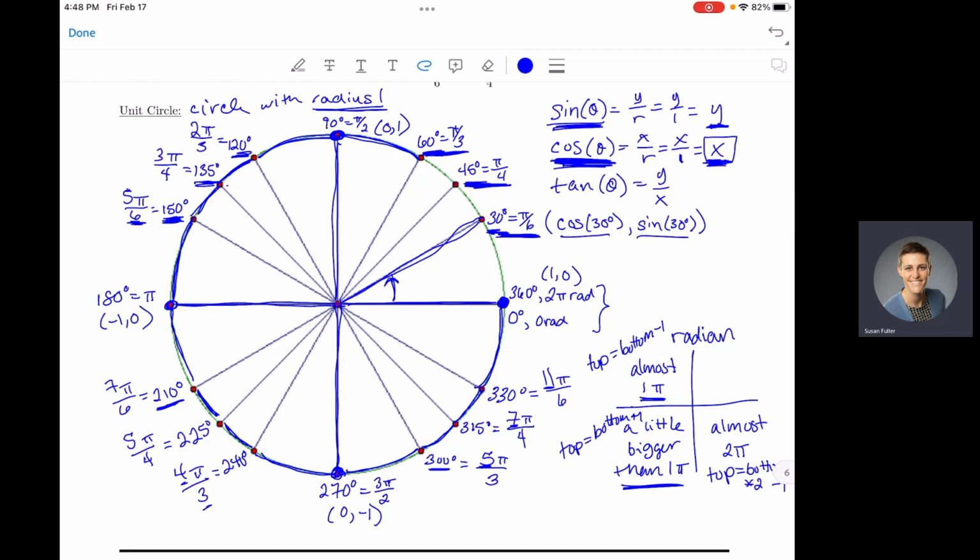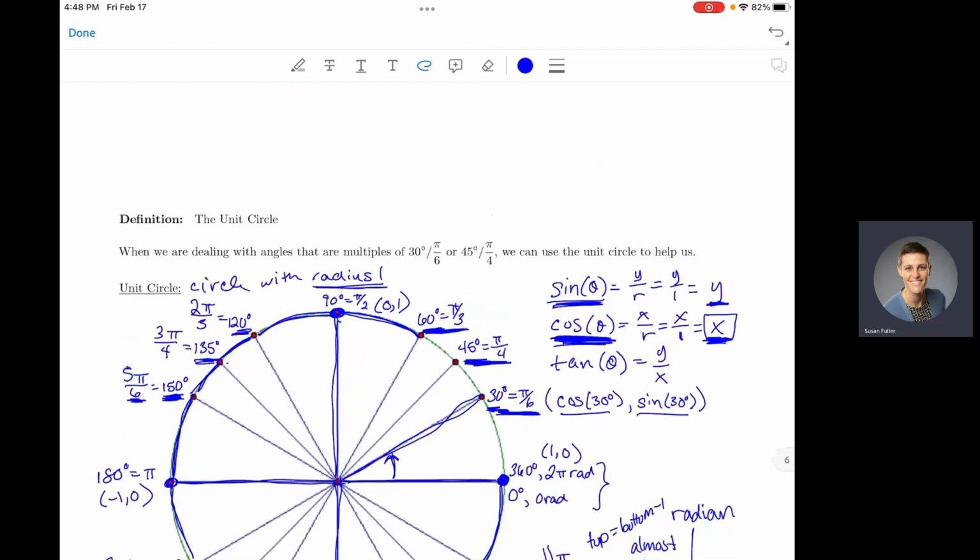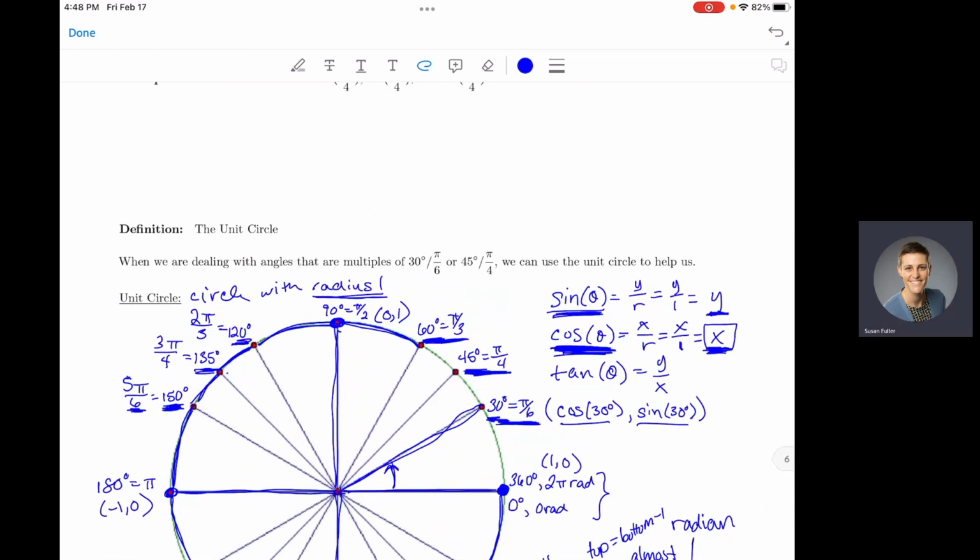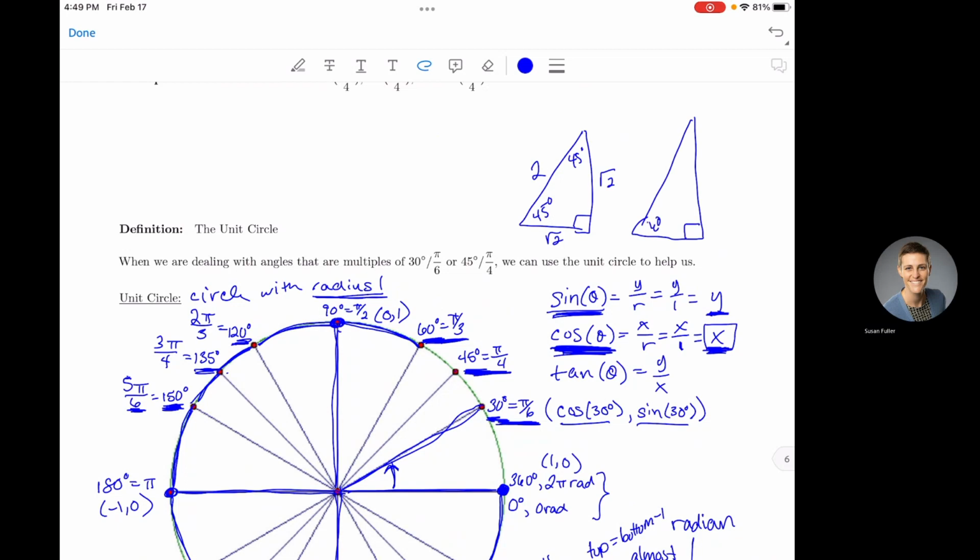So to figure out what those values are, we have our triangles for right now. So we'll do our 45, 45, 90. So we've got root 2, and 2. And we have our 30, 60, 90. That's 60 degrees. And this is 30 degrees.